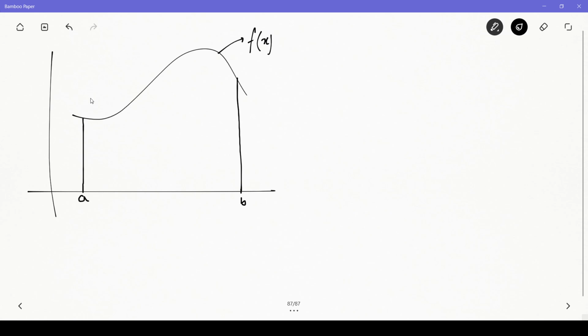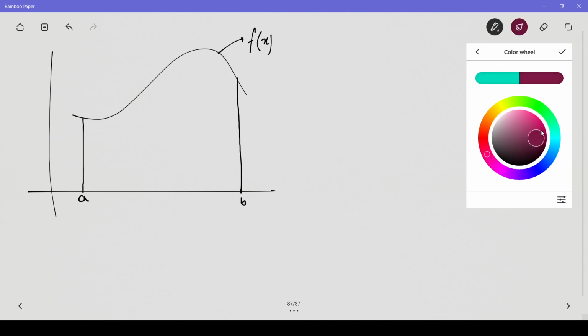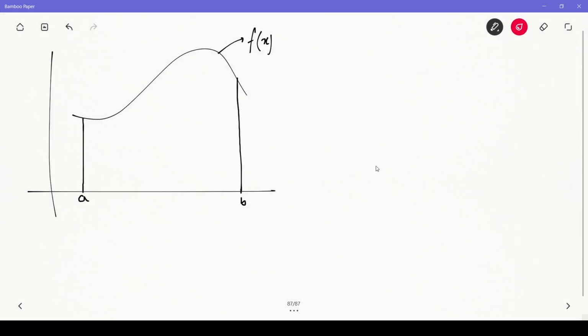Okay, fine. In our multi-segment trapezoidal rule, we partition the whole area under the curve into multiple segments, right? And in the case of multi-segment Simpson's 1 by 3 rule, we saw that we have to make sure that the number of segments we choose is an even number, or a multiple of 2, right? So let's see the general case.